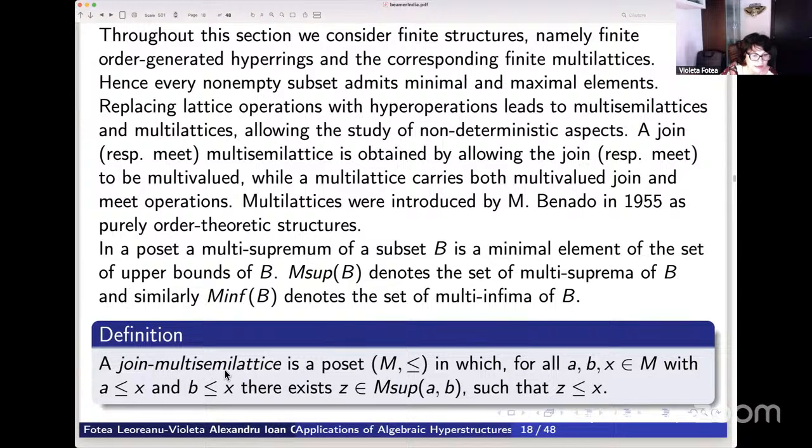A join multi-semilattice is a poset, an ordered set M, in which for all elements A, B, and X of M such that X is an upper bound of A and B, there exists a minimal element of the upper bounds, which is Z, which is smaller than X. So it is minimal because it is smaller than or equal to X.